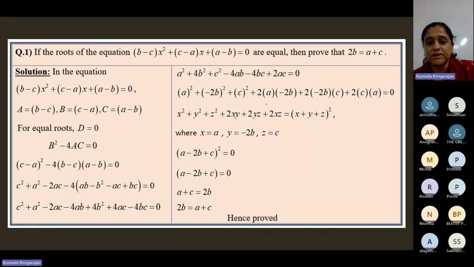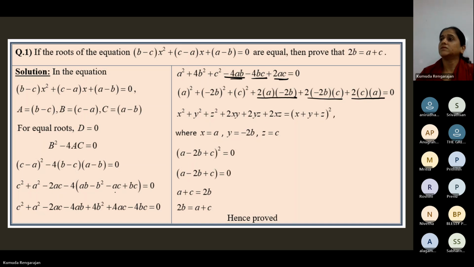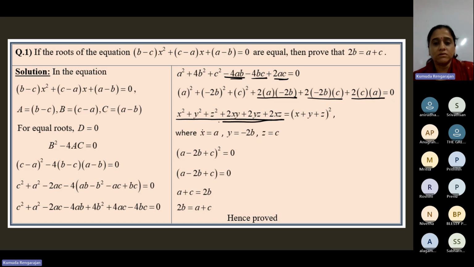Now just check if you get minus 4ab. Yeah, correct. Minus 4bc, yes. And plus 2ca or ac, yes. So those 6 terms satisfy the nature of the expression here.